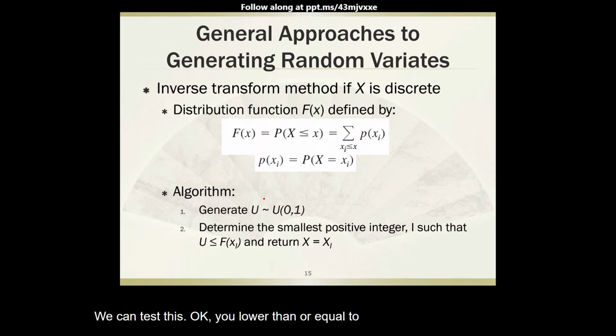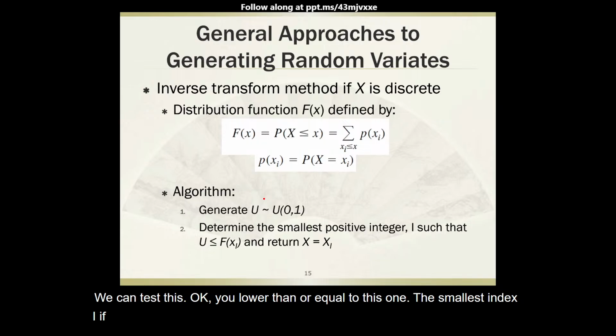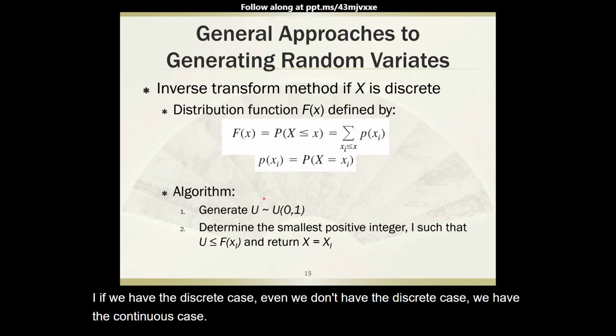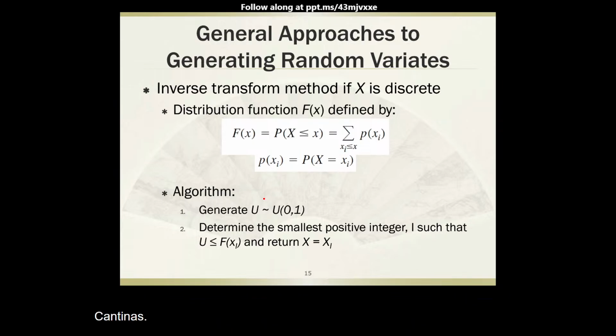The smallest index I, if we have the discrete case. Even if we don't have the discrete case, we have the continuous case. In the continuous case, actually, we can hold the equality.